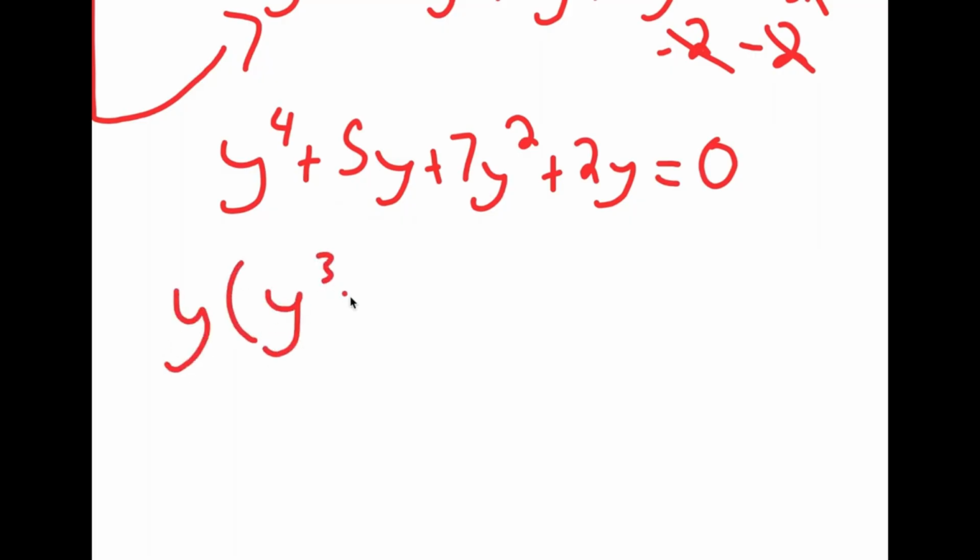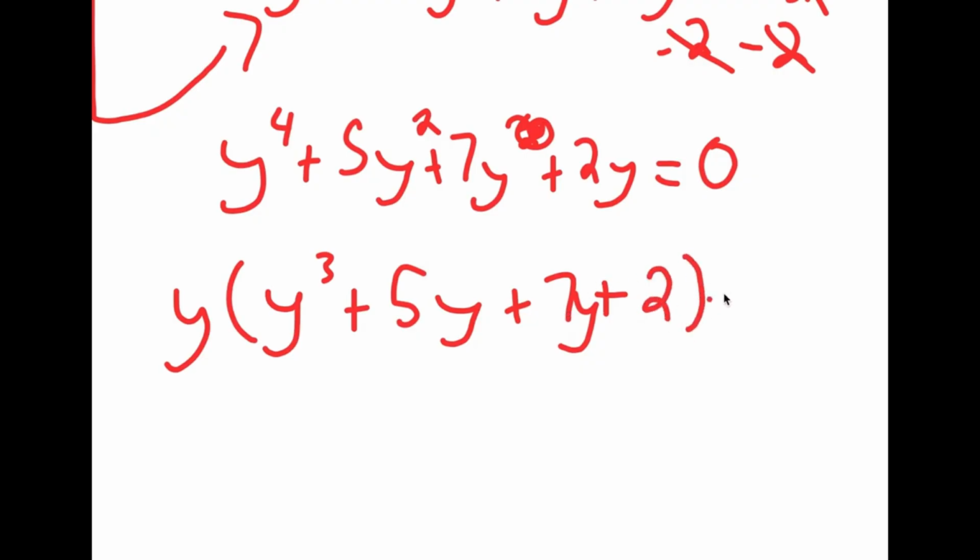So I get y times (y^3 + 5y^2 + 7y + 2) = 0. Earlier I misspoke on the exponents; this is supposed to be a 3 and this is supposed to be a 2.